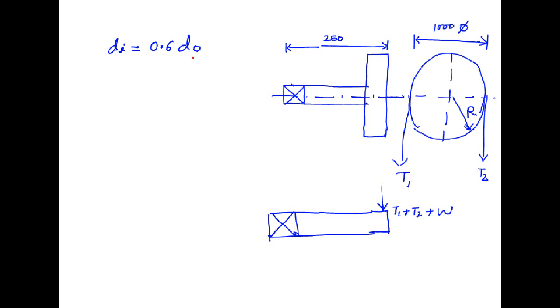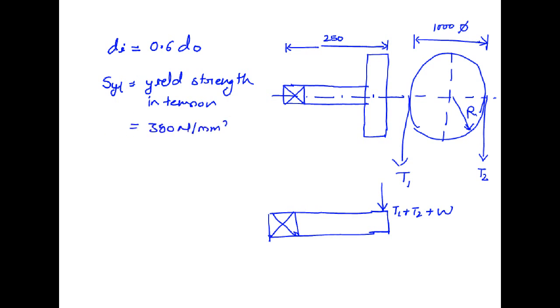Here we have the value of yield strength in tension, SYT, which is 380 Newton per mm square, and we know the yield strength in shear is equal to 0.5 of the yield strength in tension.